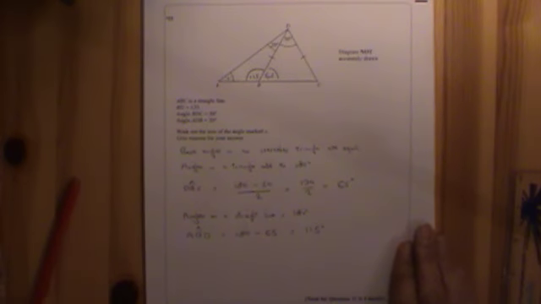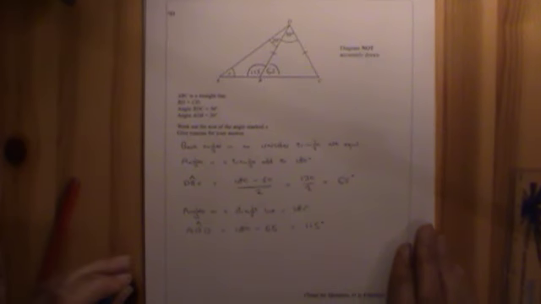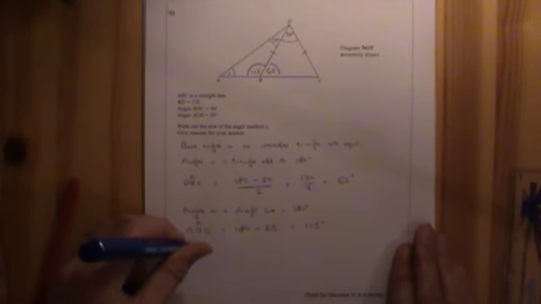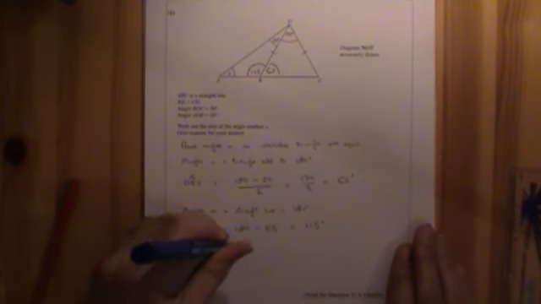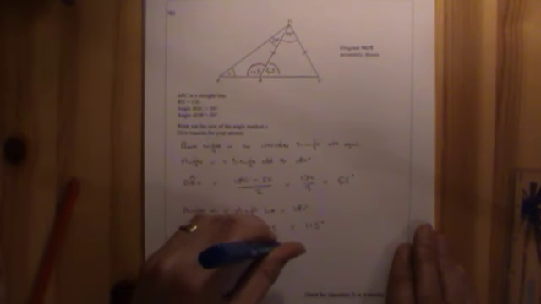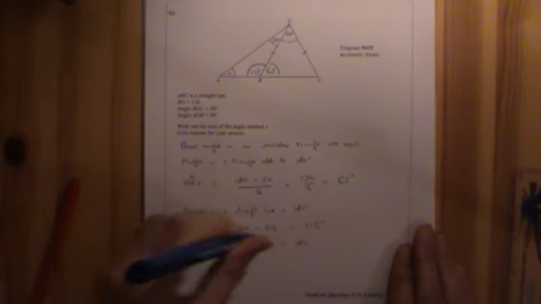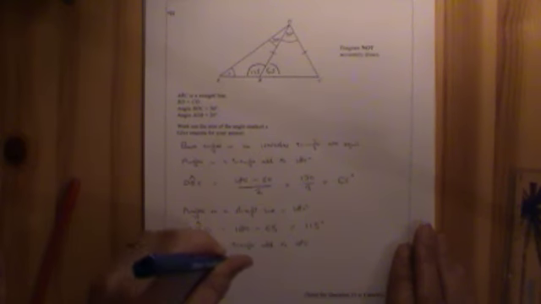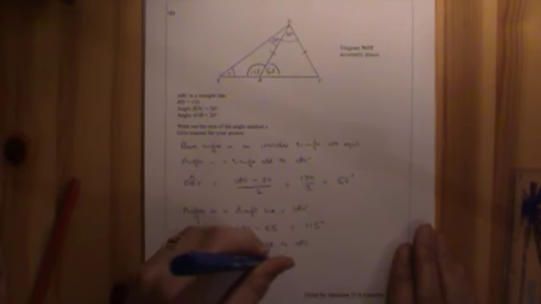So all we have to do is subtract the two we know. So we're using angles in a triangle again. Add to 180, so 180, take away 115, take away 20 is the sum we've got to do.